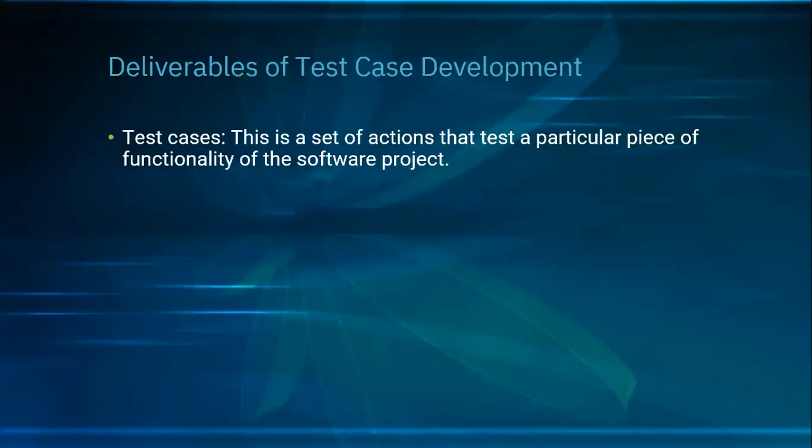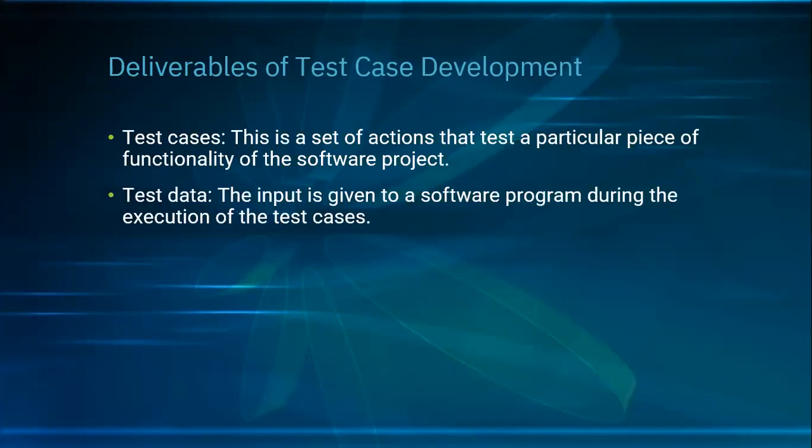Test cases: this is a set of actions that tests a particular piece of functionality of the software project. What is test data? I told you in our general testing principles, I think number six says testing is context dependent.